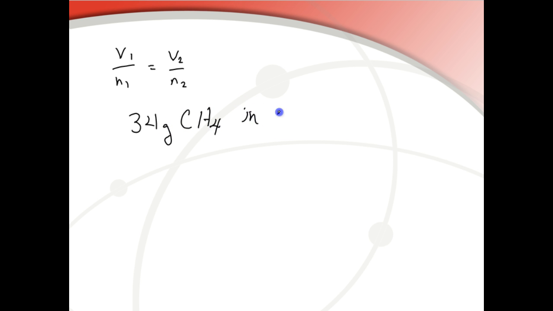So the final named law: volume over moles, initially, is volume over moles after a change. And so if we have, say, 34 grams of methane in a 5-liter container. I don't know why I like 5 liters for this video, but that's all right. 5-liter container.